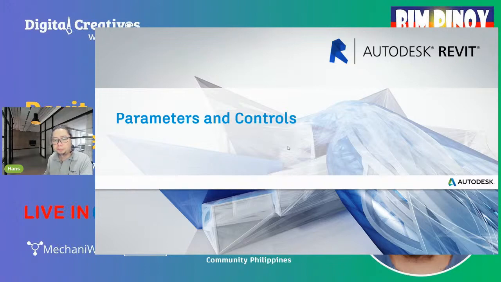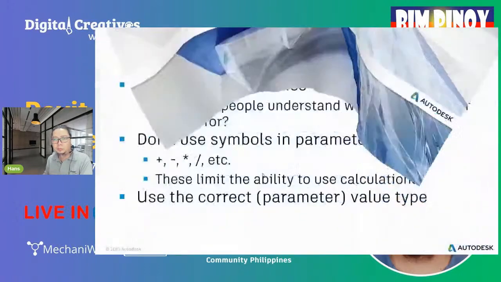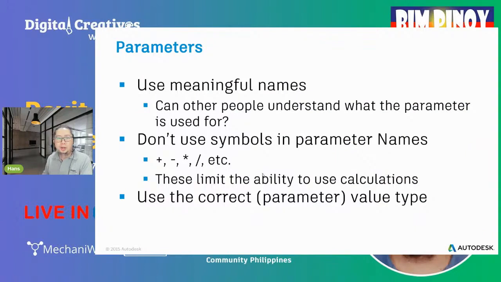For the controls, always use a meaningful name. Can other people understand what the parameter is for? When we are naming a family, it's easier to understand if we can always refer to it. Don't just put XX or AA or 11 for your family.